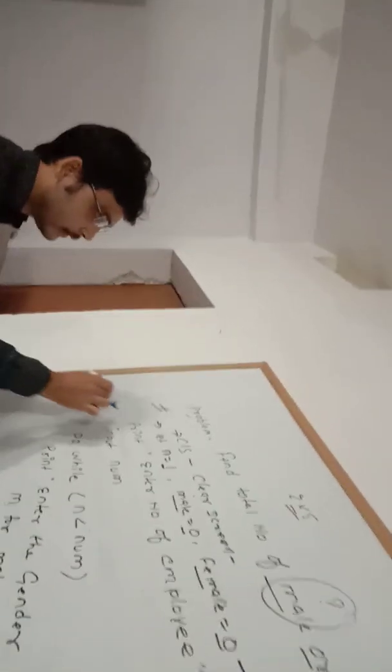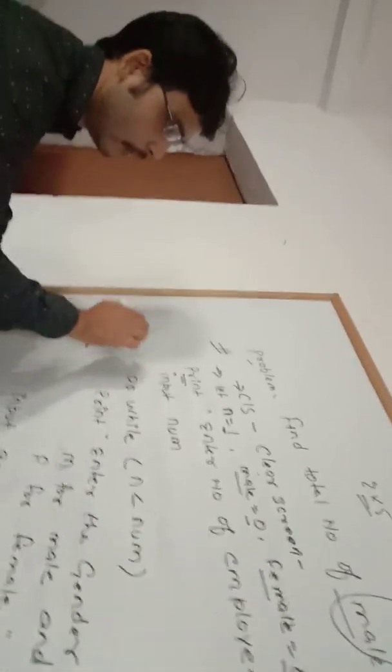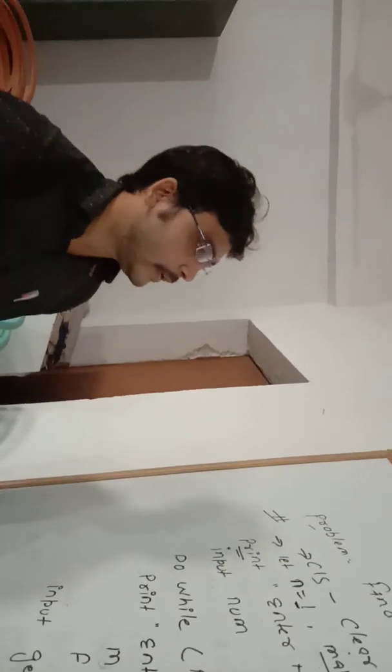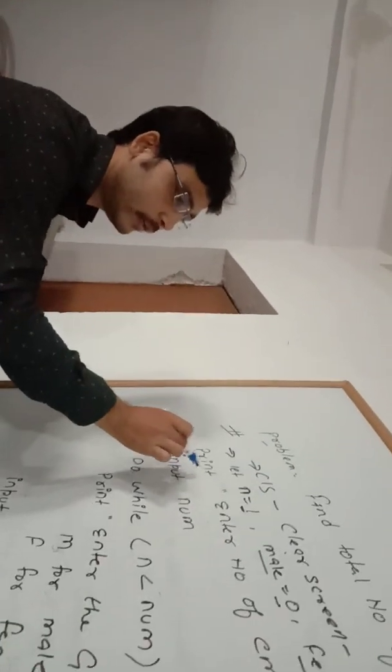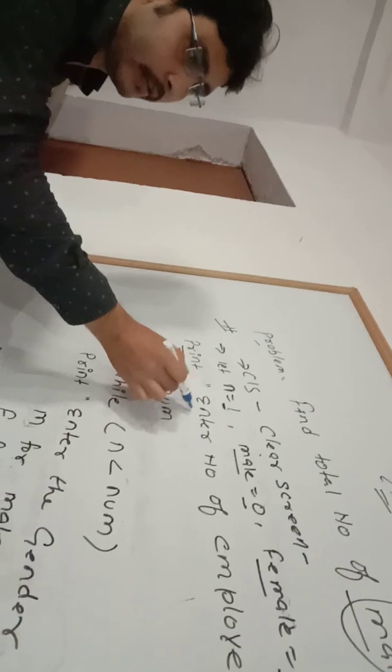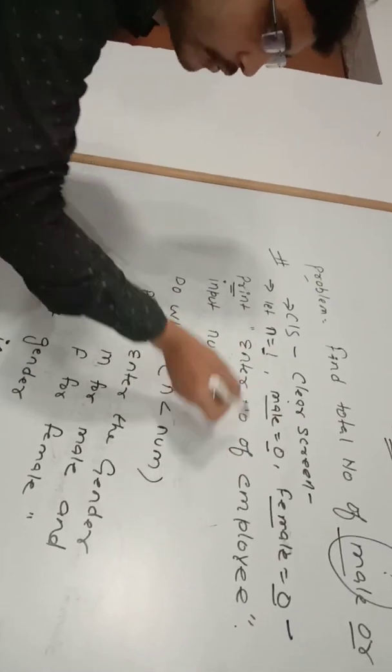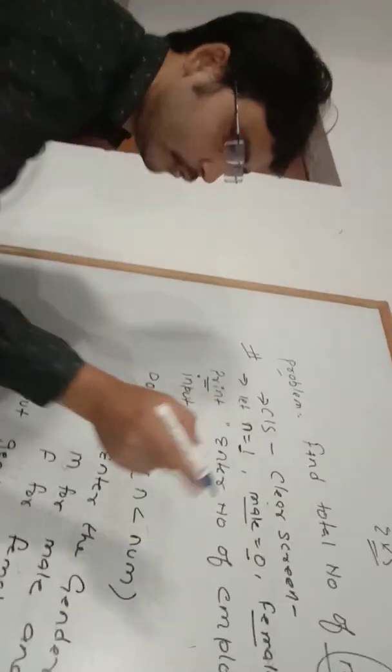Okay, second line, the print command. As we know, the print command will give the output as it is written here. The first one you have written is enter the number of employees. The same output will be shown on your screen.